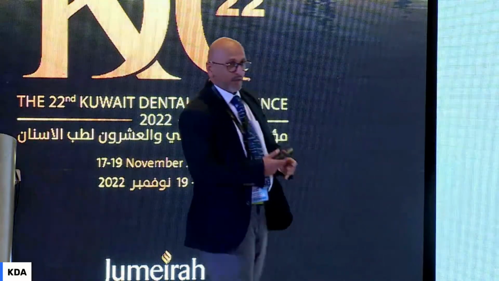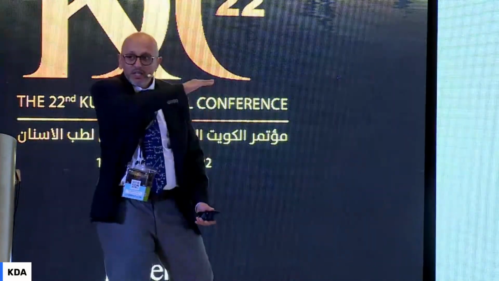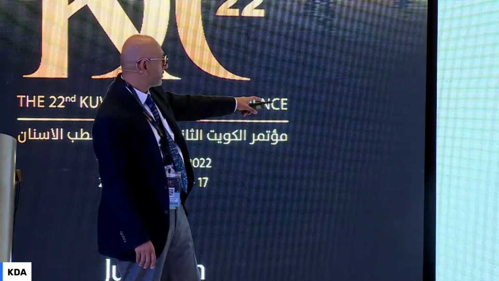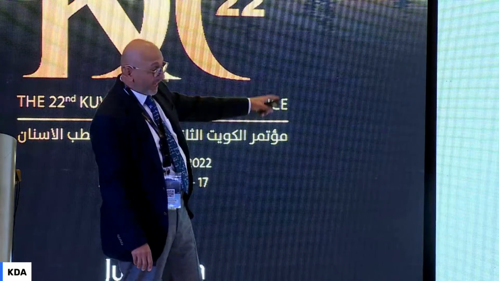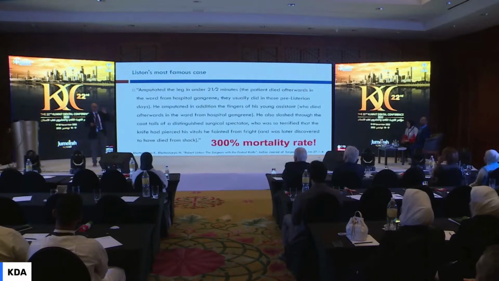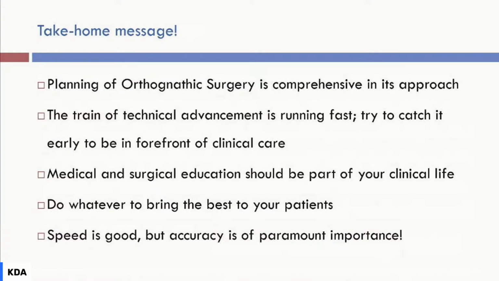At the same time, while he did the cut, after cutting the fingers, he also cut the lab coat of a spectator who was standing there as well, who also died afterwards because of shock. So this surgeon is probably the only guy who had a 300% mortality rate, well documented in the literature. And this is exactly what we want to try to avoid.